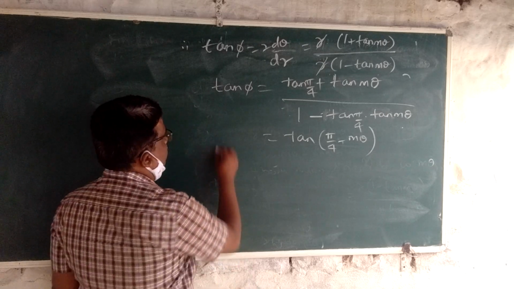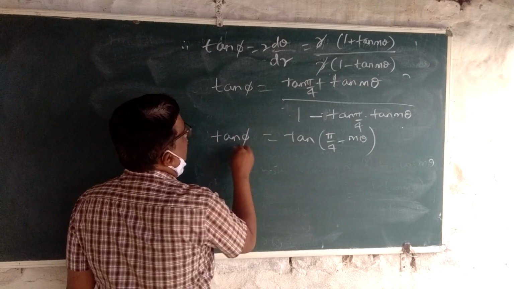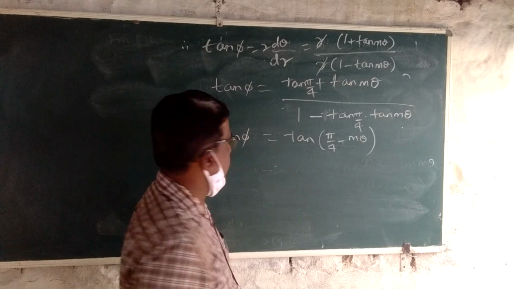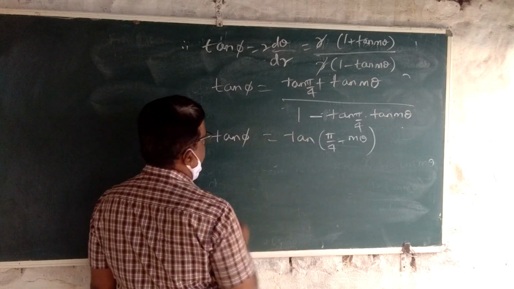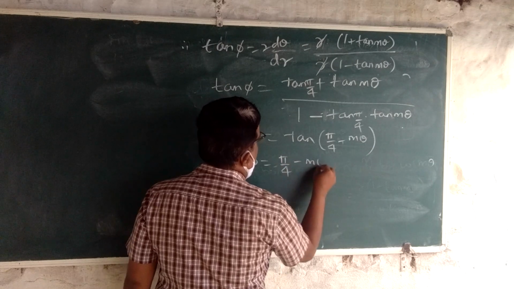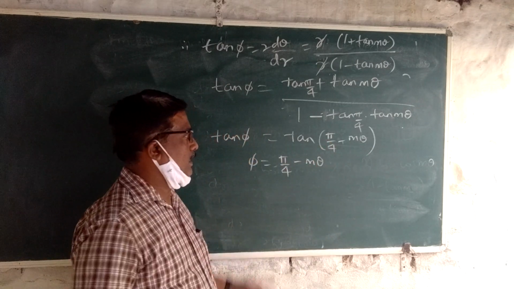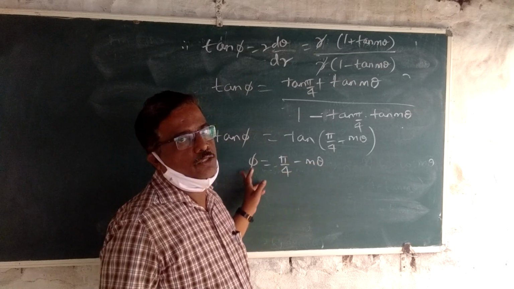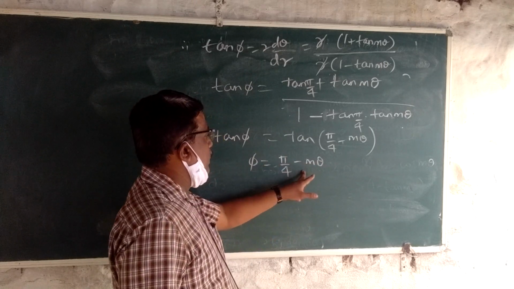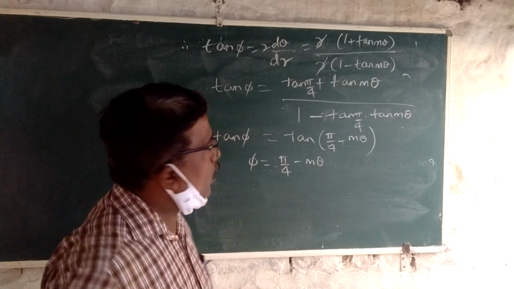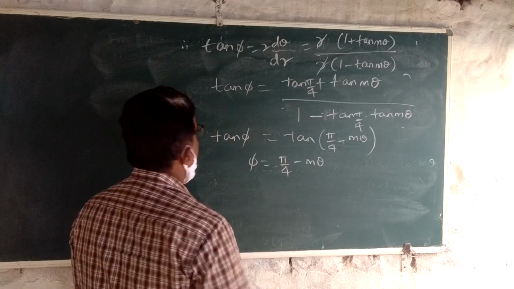So therefore tan φ is equal to tan of (π/4 minus mθ). So both sides tan will cancel. φ is equal to π/4 minus mθ. So this is the angle between the radius vector and the tangent. So this is how we solve the problem.